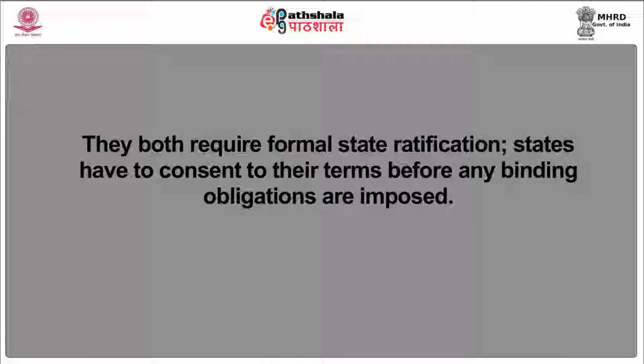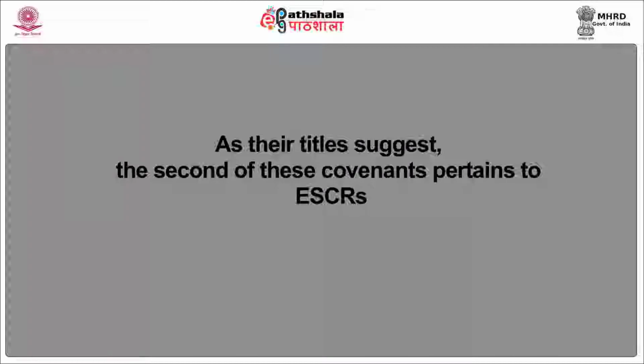They both require formal state ratification. States have to consent to their terms before any binding obligations are imposed. As their titles suggest, the second of these covenants pertains to the ECSRs.